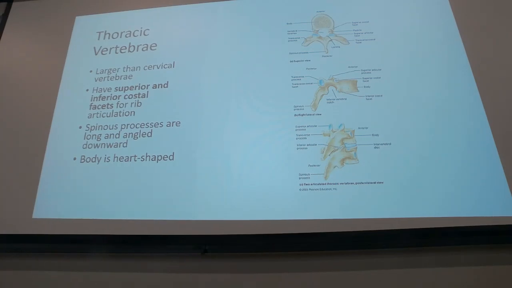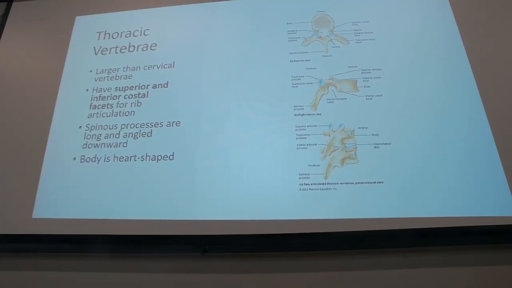Thoracic vertebrae characteristics, we saw it before, but let's look a little bit closer. This is the superior view of these thoracic vertebrae. This is the lateral view. Again, these spinous processes are longer than in any other vertebrae, and they have a pointy ending.